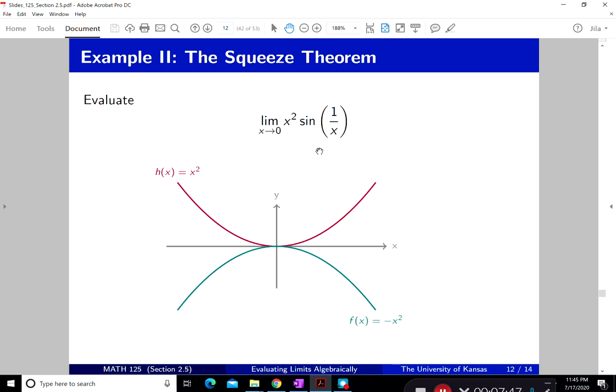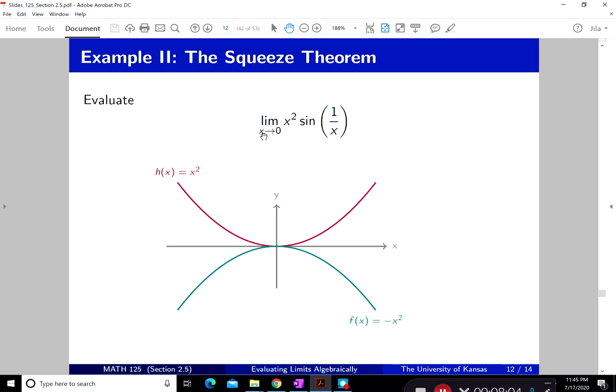So in here, let's have the parabola h of x equal to x squared, and another parabola, f of x equal to negative x squared.